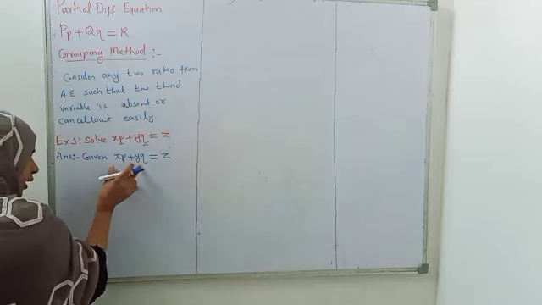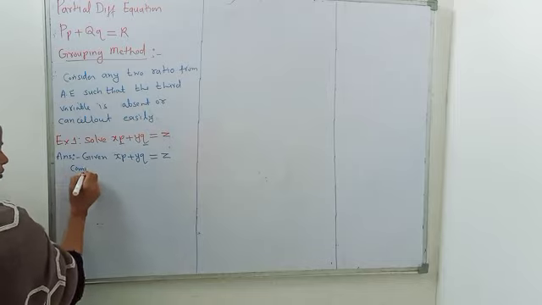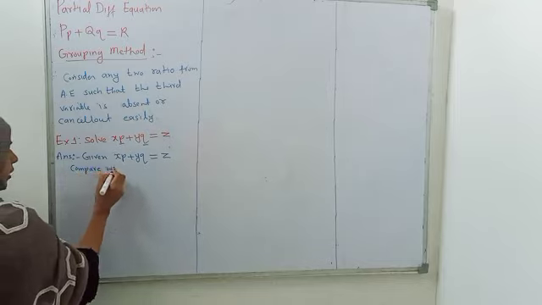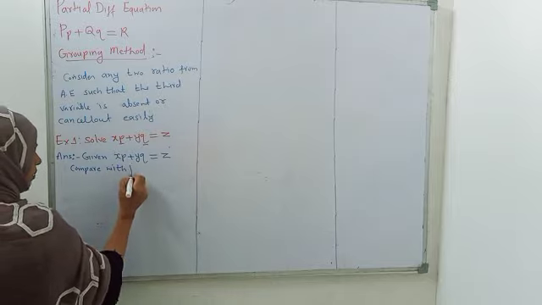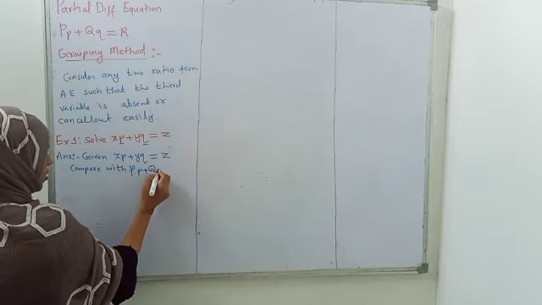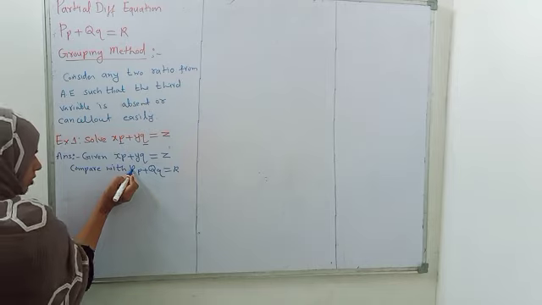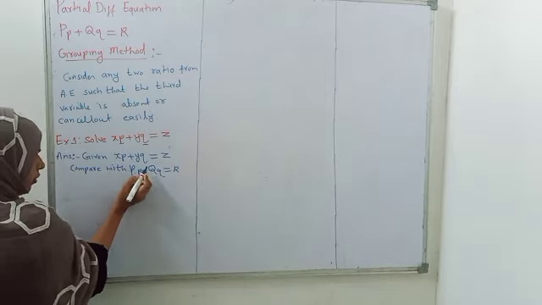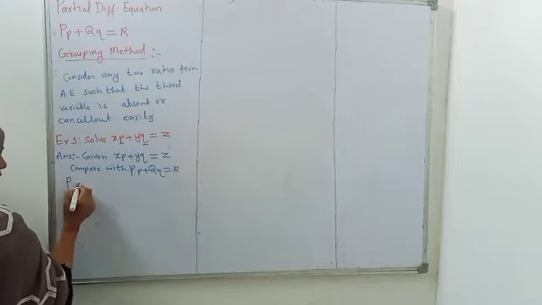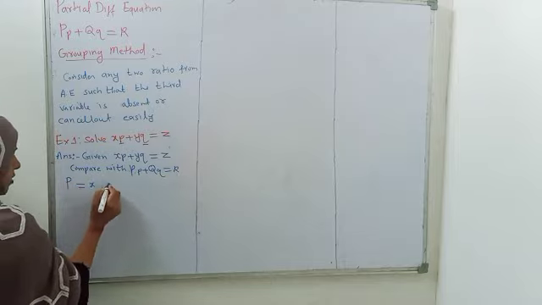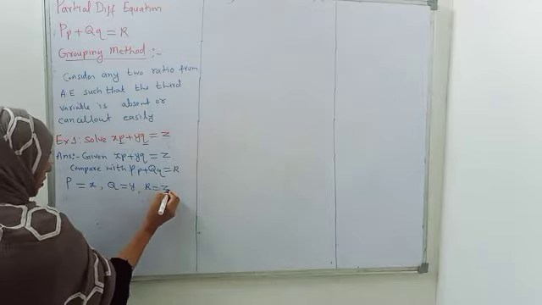Now compare it with Pp plus Qq is equal to R. Here capital P is x, capital Q is y, and the right hand side is z. So we can write capital P is x, capital Q is y, capital R is z.